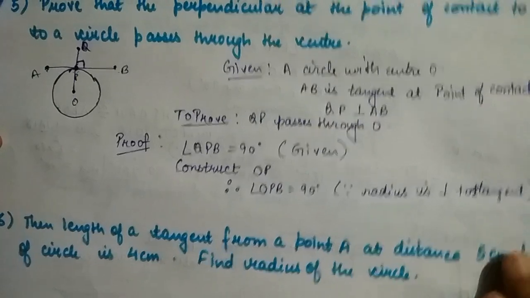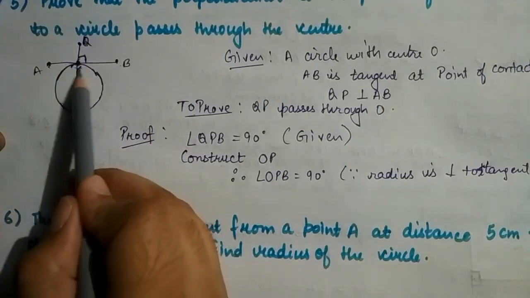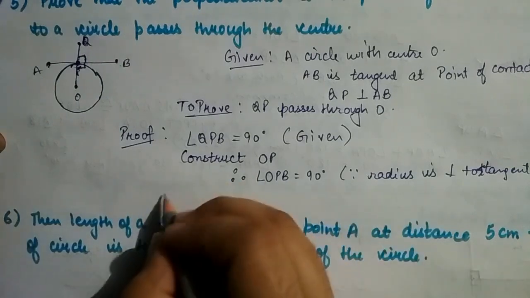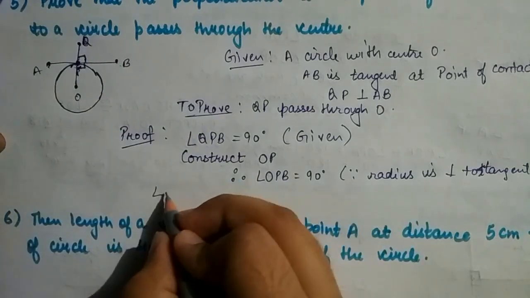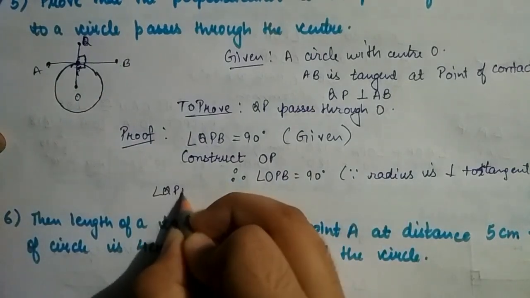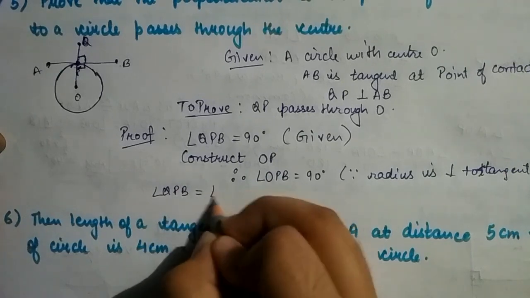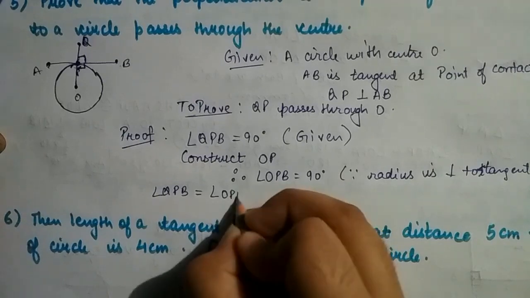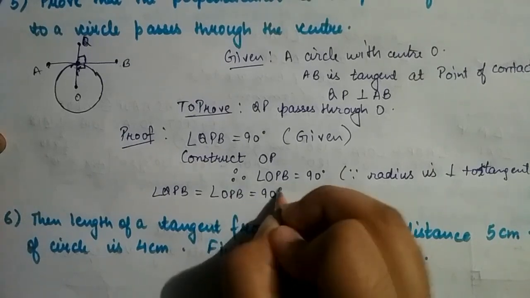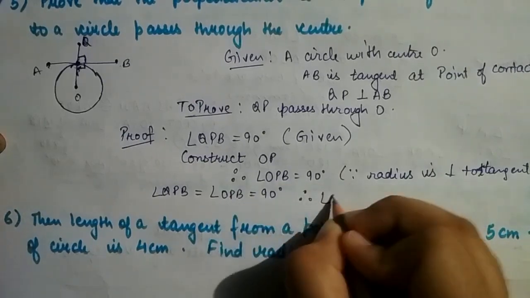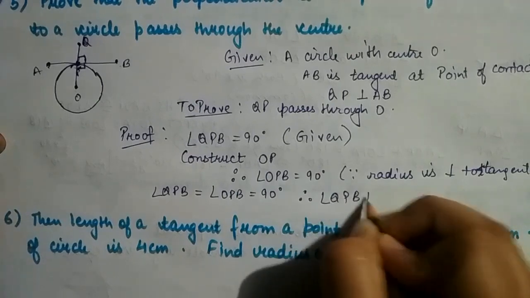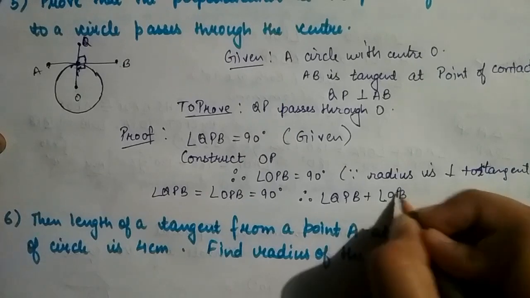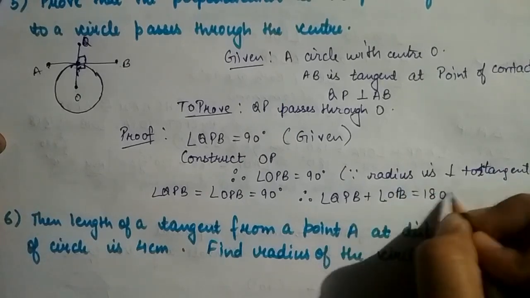Now if this angle is 90 degrees and this angle is also 90 degrees, you can say angle QPB is equal to angle OPB is equal to 90 degrees. Therefore angle QPB plus angle OPB is equal to 180 degrees.